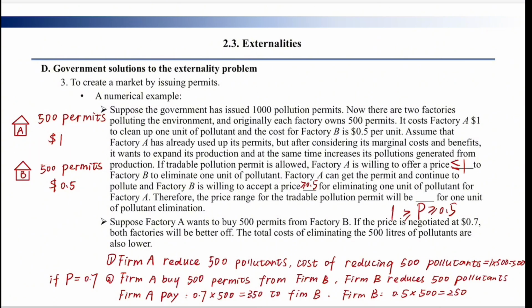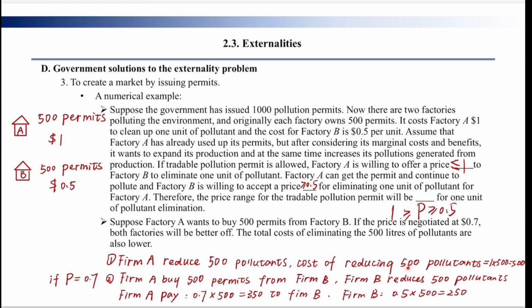Okay, we can calculate with a specific number. Suppose there is no transaction between factory A and factory B. Factory A needs to expand its production scale. It wants to discharge 1,000 tons of pollution, but factory A only has 500 permits that allow it to discharge pollution. Then it needs to treat the remaining 500 tons of pollution by itself.